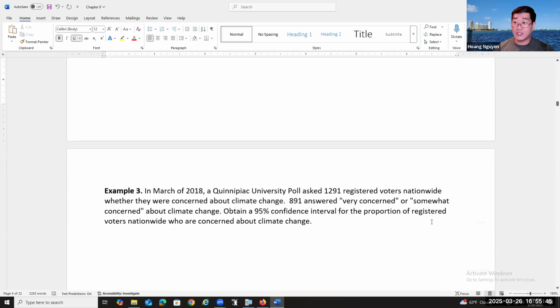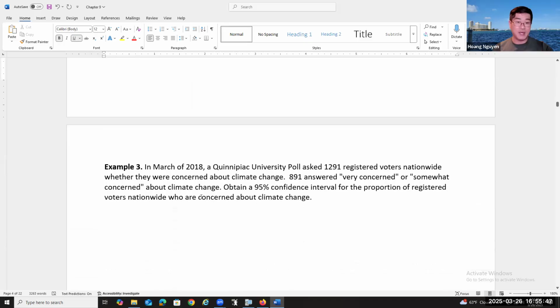Okay, so we are ready to try the first question then. In March 2018, a survey asked 1,291 registered voters nationwide if they are concerned about climate change. 891 people say yes, they are concerned or very concerned about climate change. Obtain a 95% confidence interval. So they were looking for a 95% confidence interval for the proportion of what?